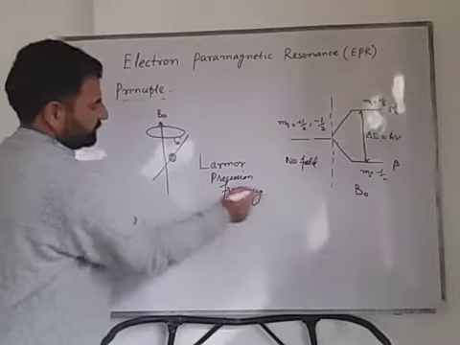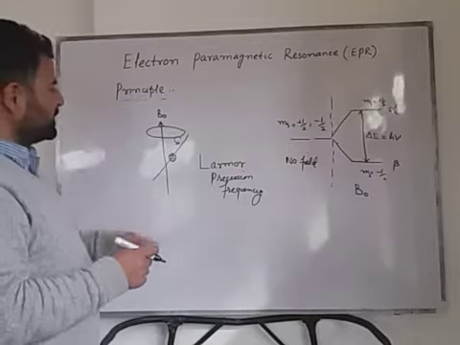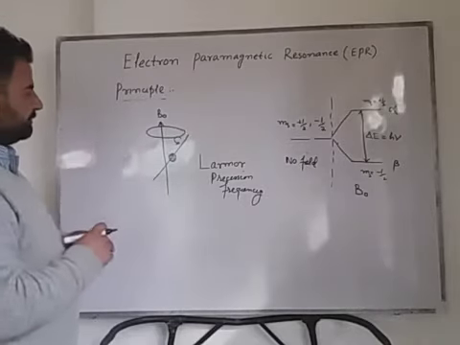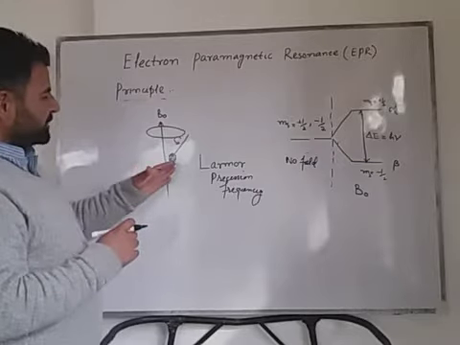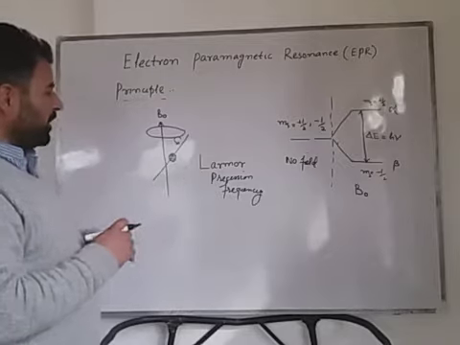Larmor precession frequency is the frequency with which the electron precesses around the axis of the external magnetic field. If we want to flip the spin of this electron, how will it happen?